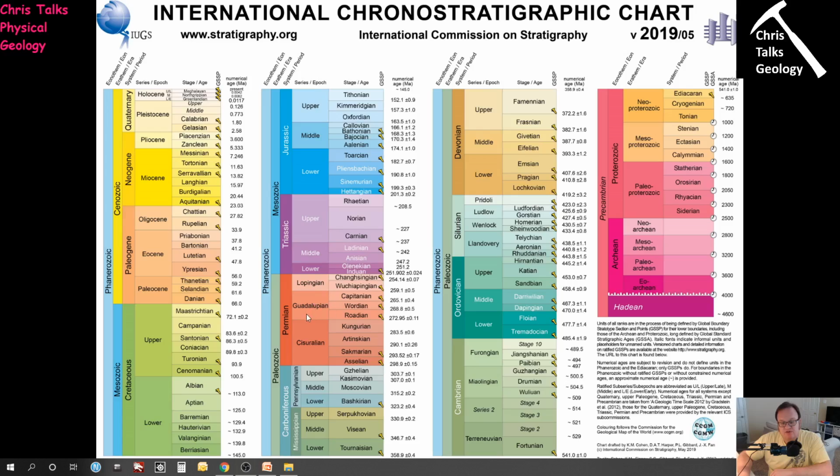Each of these boundaries is based on the first and last appearance of certain key fossils. And that's it. And they're arbitrary. Don't go thinking that geologists have some kind of special process. No, they're arbitrary. We just chose a fossil to start one, chose a fossil to finish it, and bang, that's the Oxfordian. Done.